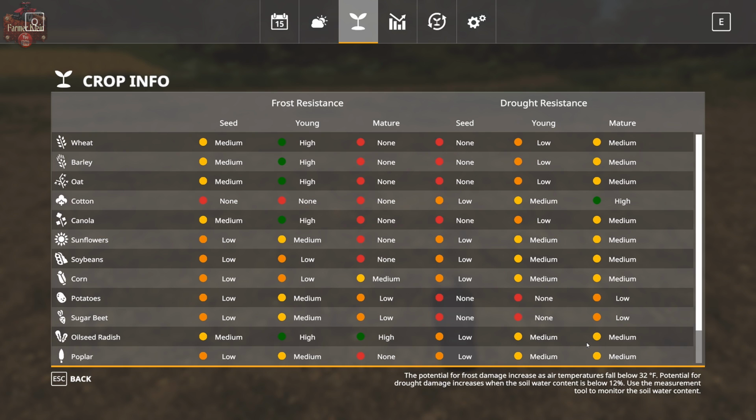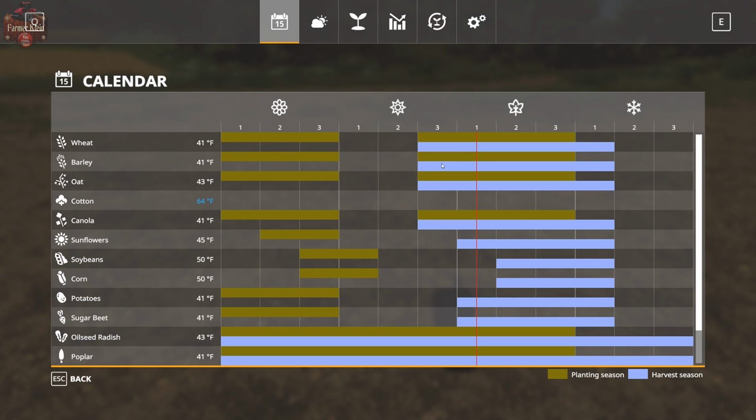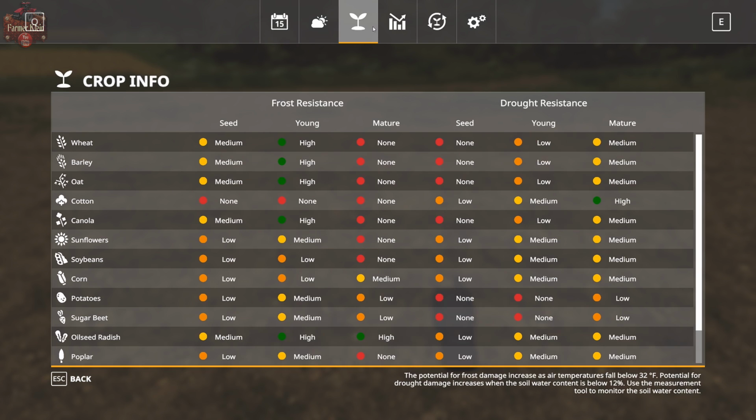If we were to plant crop now, we are in planting season for several of our cereal crops here: wheat, barley, oat, and also our canola we could plant right now. If we planted that now with a ground moisture of 7%, you'll see that barley, wheat, oat, and canola have no drought resistance as a seed.